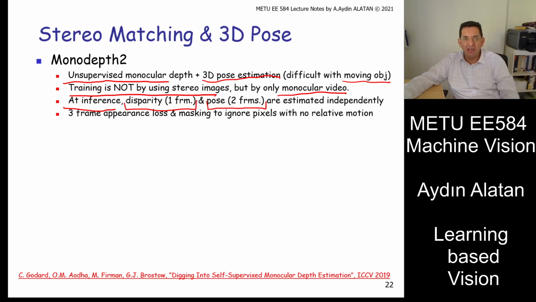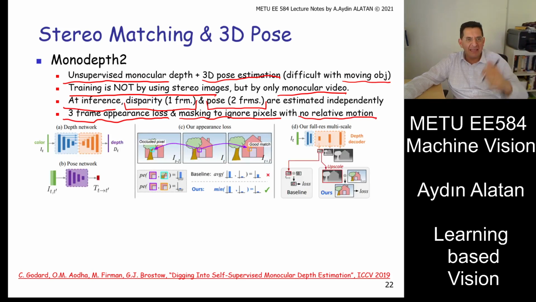Now, the trick is three frame appearance loss and the masking. This is the real difference. Once you don't have any relative motion, you would try to ignore those pixels. Let's see how it works. There is a color frame.